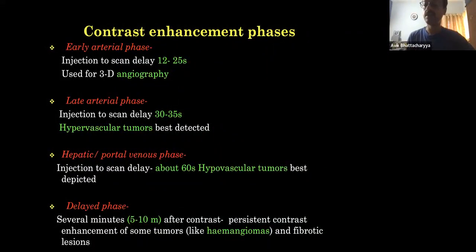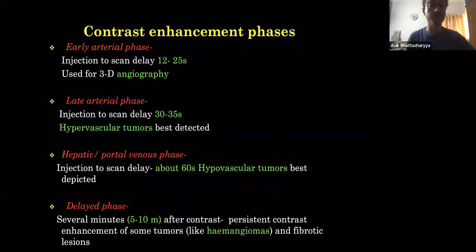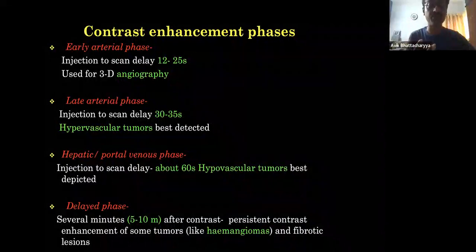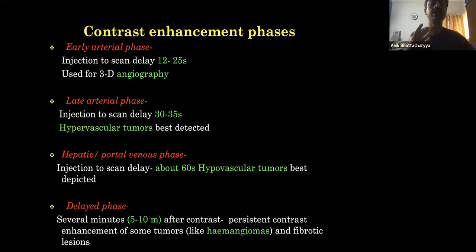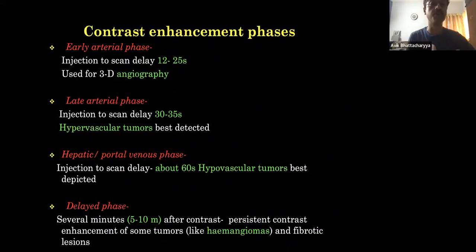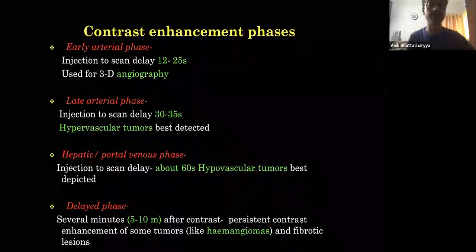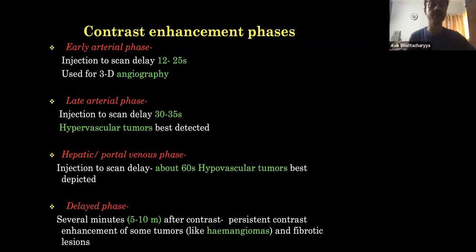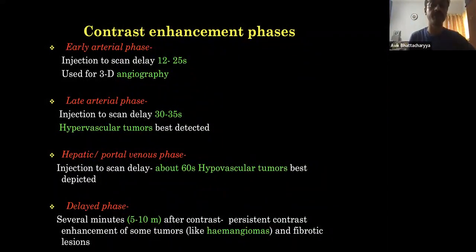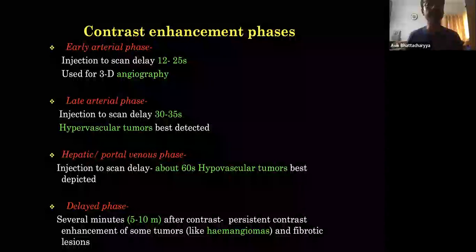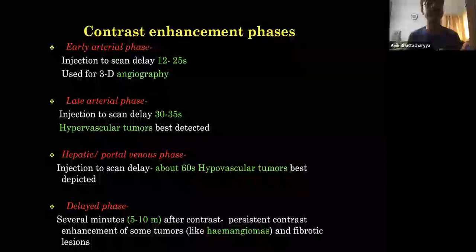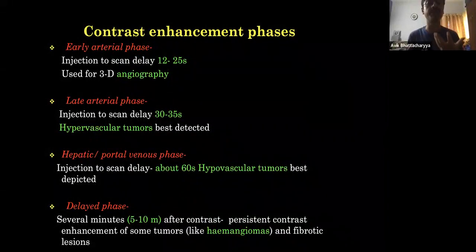Why is it important? Because those hypervascular tumors are mainly supplied by the arteries, that's why they are having enhancement on our late arterial phase of contrast study. They don't have blood supply from the veins, like the portal veins in liver. So as they don't have any supply from the veins, and the liver is mostly supplied by the portal vein, in portal venous phase the hypervascular liver tumors would be hypo-enhancing compared to the rest of the enhancing normal liver parenchyma.